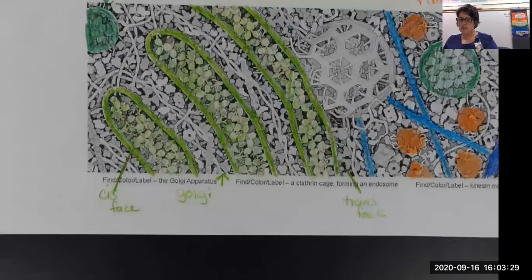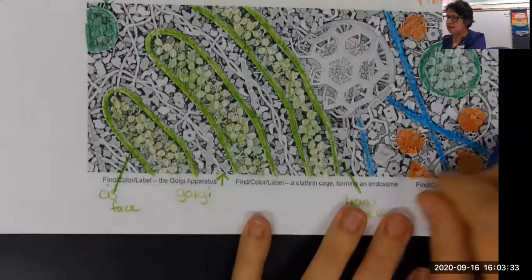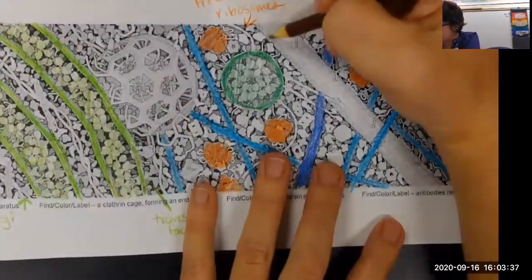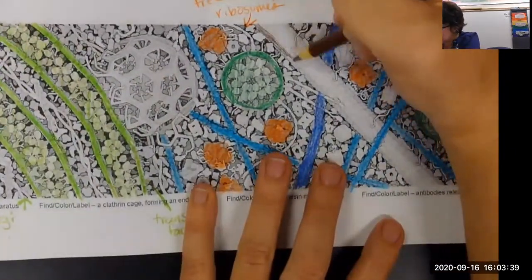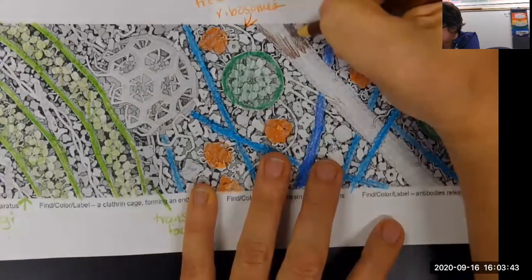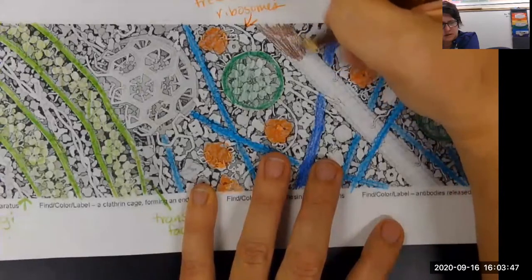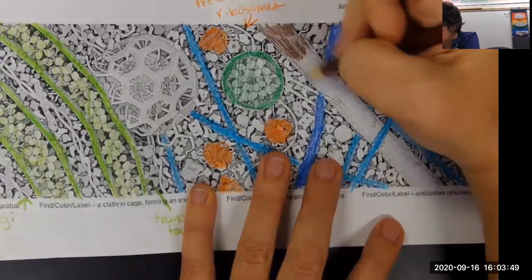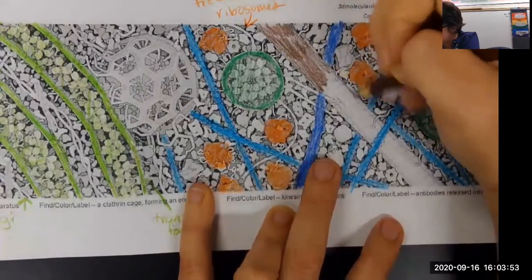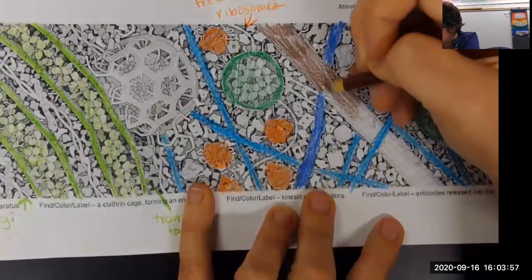And then our next structure is our third cytoskeleton structure, and that's this big fat guy. Okay, so here's our big fat guy. And this guy is called a microtubule. Okay, and you see he's the biggest of all three of the cytoskeleton components.